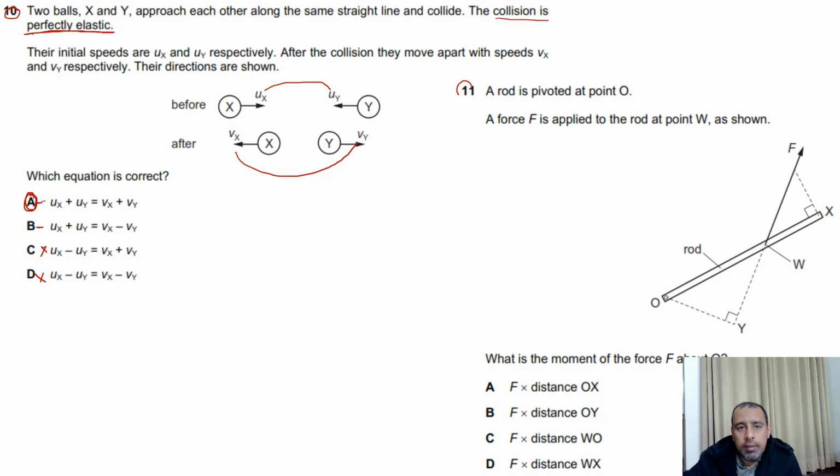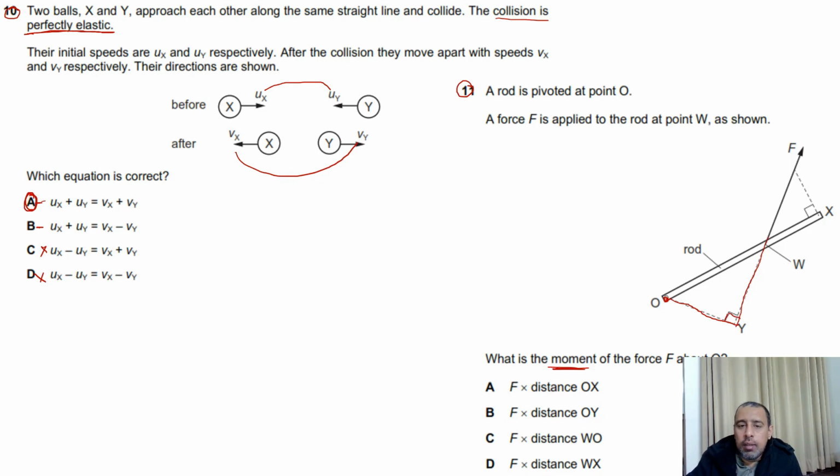In question number 11, we have a rod pivoted at a point. This is the pivot. So this is a simple one. Whenever you have to get the moments for this force, the angle between the moment arm and the force must be perpendicular, meaning 90 degrees. This distance is the moment arm and this is the action of the force, and they are perpendicular to each other.